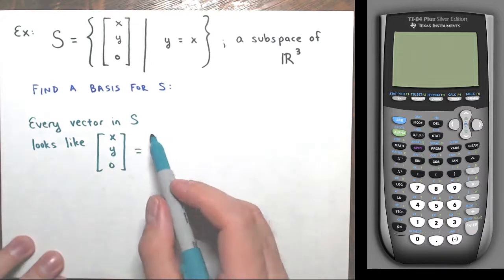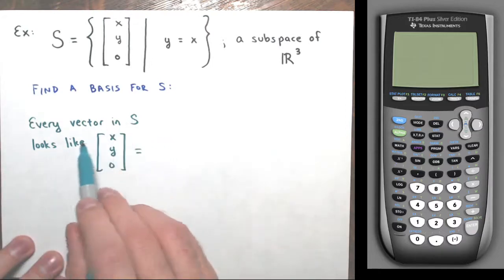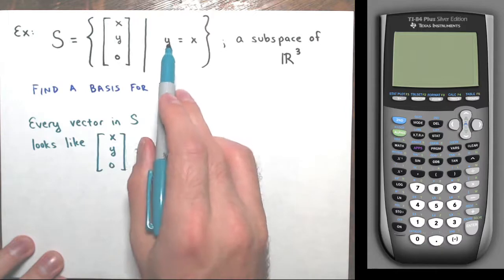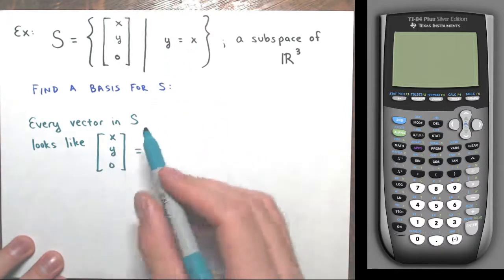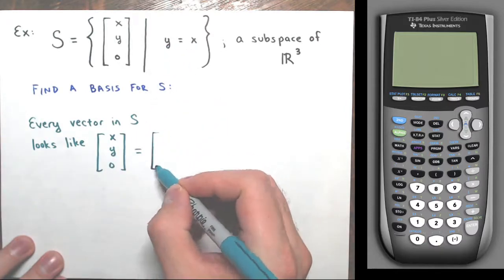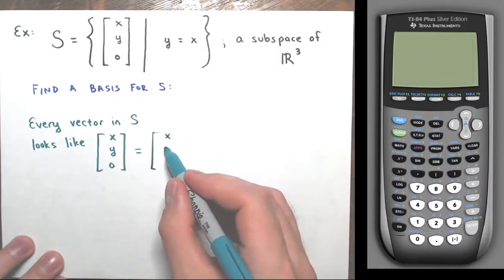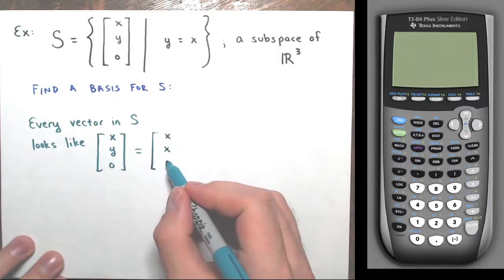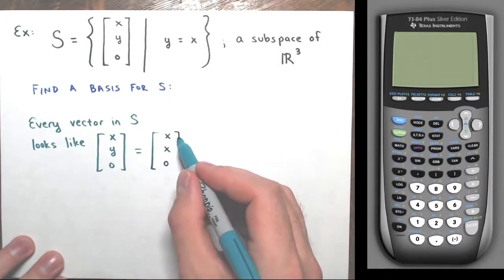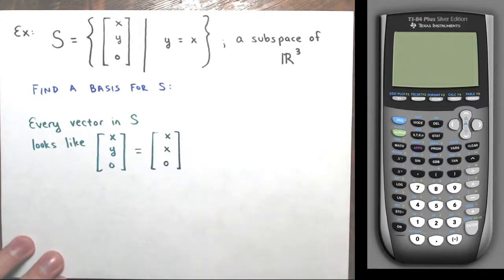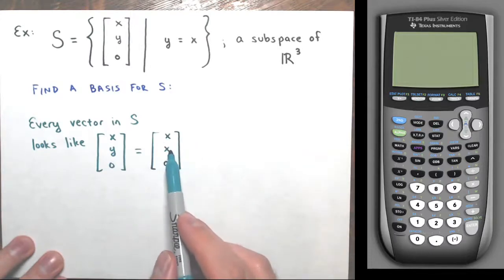But let's see that. Every vector in S looks like this, but we have the condition that y is equal to x. So I'm going to replace y with x here. So first component x, second component x, and third component always 0. And then just as in the example before, every single one of these components has a factor of x.